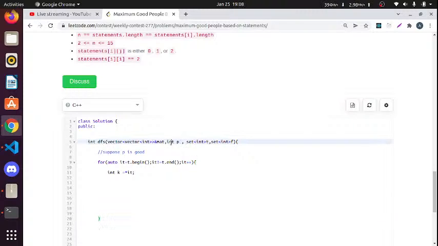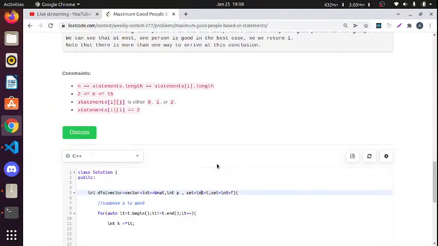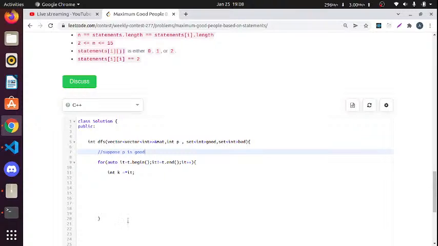So here is a person, and here are the statements that are true. Who is the good person, who is to be made good? These are the good persons, these are the bad persons, right? Let's remove that a little bit.